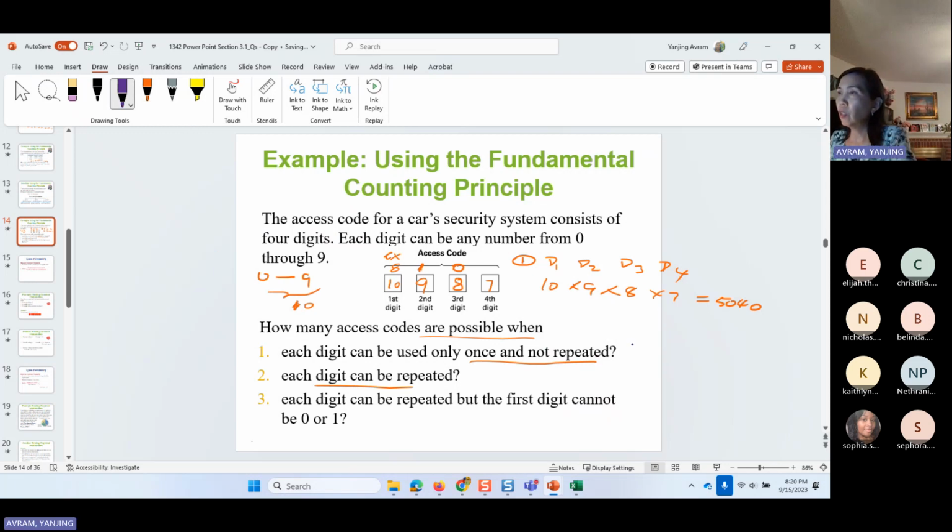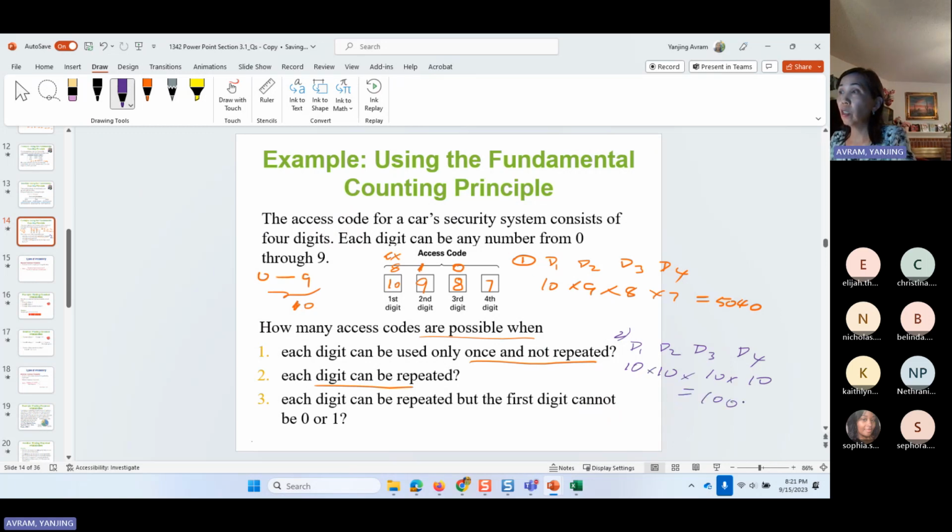Well, so 1, 2, 3, 4. Each digit can be repeated. So that's the second one. So for the fourth digit, how many choices do you have? 10. Is that right? We just say from 0 to 9 is 10. 10 of them. Okay. Since this one you can repeat, how many choices do you have for the second one? Well, each one is going to be 10 because you can repeat.